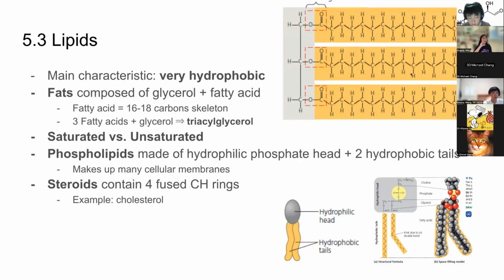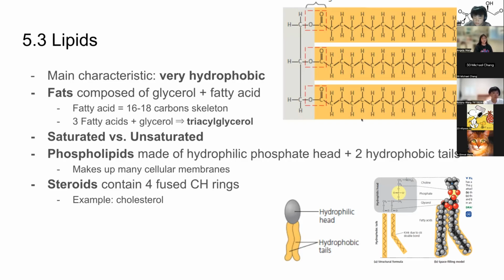Next we'll be talking about lipids, which are also commonly known as fats. Their main characteristic is that they are very hydrophobic since, as you can see in the top right diagram, the lipids don't have any OH groups on the fatty acid chains themselves, nor any other polar functional groups.